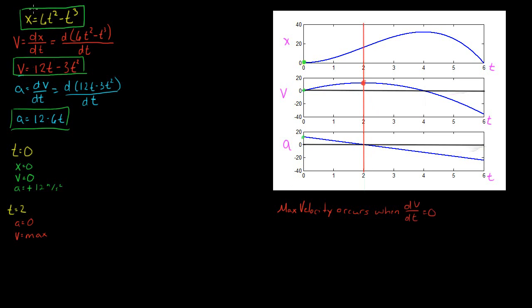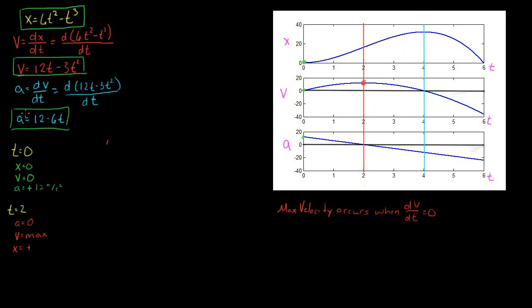So let's keep looking at this, and let's look at when our position is at a maximum. Well, before we do that, what's happening at time equals 2? Our position, our x, is still increasing. It's still a positive position. So let's look at what happens when our position becomes a max.